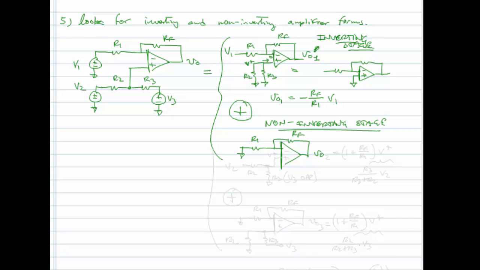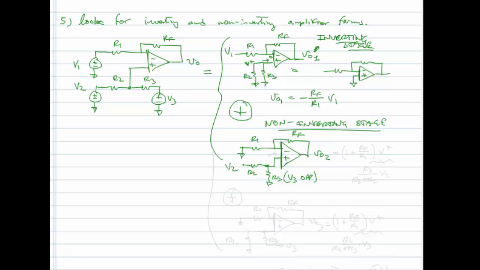And I can either treat V1, V2, and V3 separately. In the end, I wouldn't have to, and I'm sure you would not either, but let's take baby steps here. Let's treat them independently. So we'll say V2, and here V3 is off, so we'll call this VO2. And what do we have?